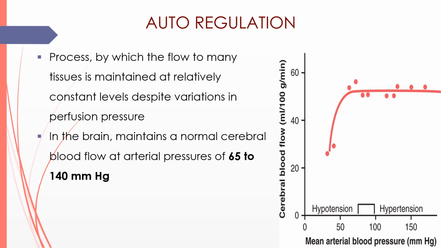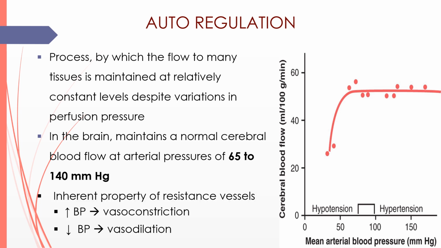In the brain, it maintains a normal cerebral blood flow at an arterial pressure of 65 to 140 millimeters of mercury. This is an inherent property of the resistance vessels. When there is an increase in the blood pressure, that causes a vasoconstriction, and when there is a decrease in the blood pressure, that causes a vasodilatation.